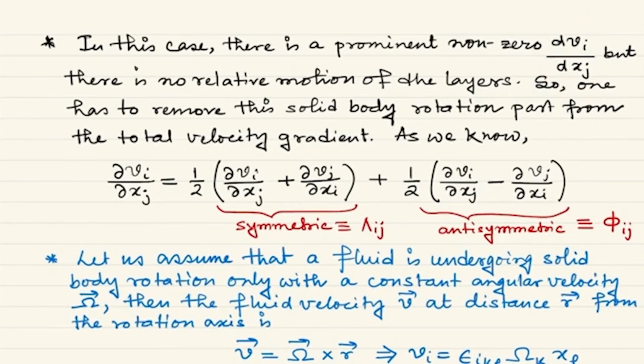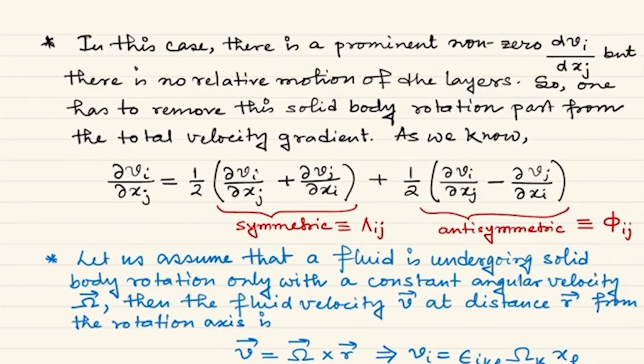So it is not a very correct statement to simply say that the viscous force or the shear stress will always be proportional to dvi/dxj. Rather, we should say that the shear stress should be proportional to the part of the velocity gradient which does not include the solid body rotation.